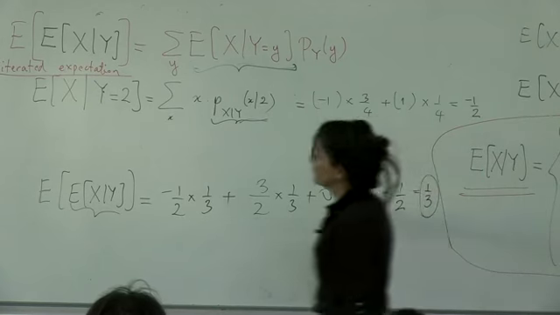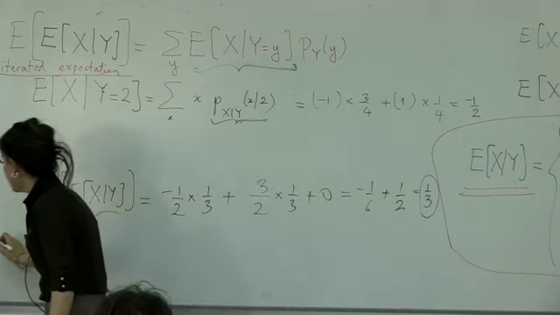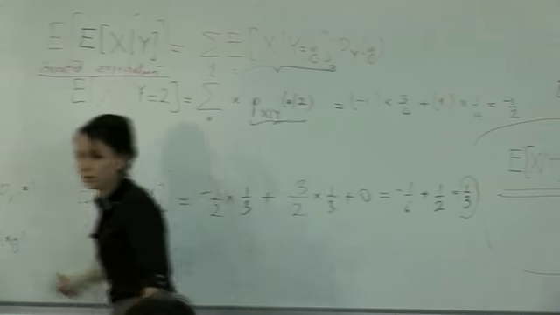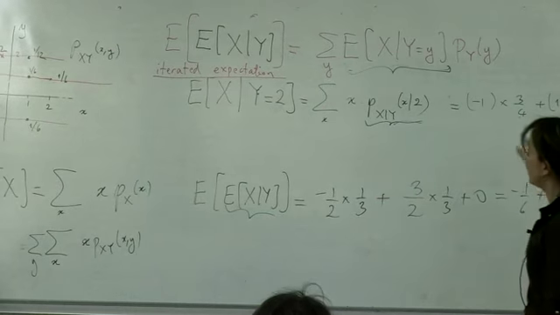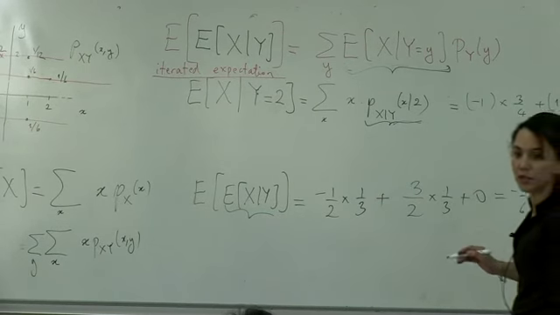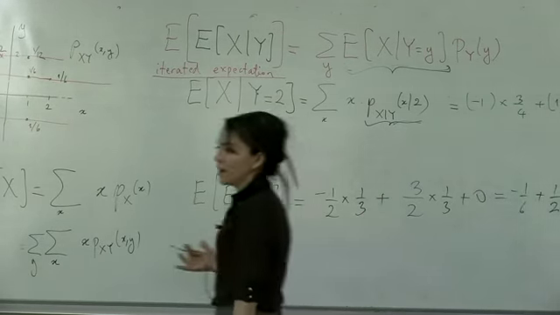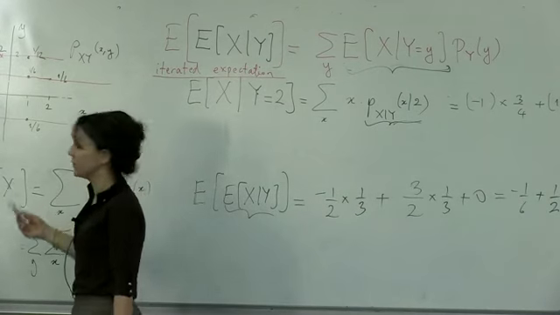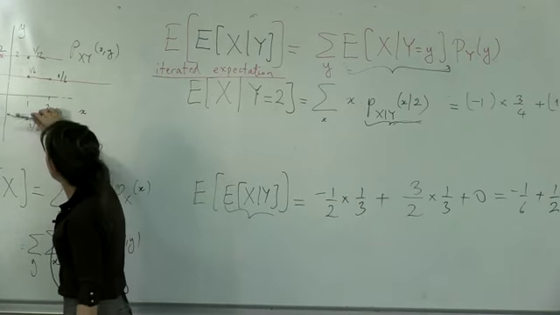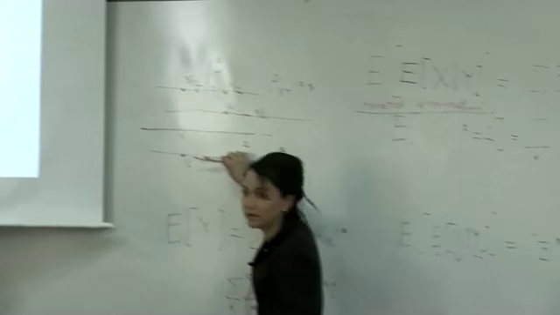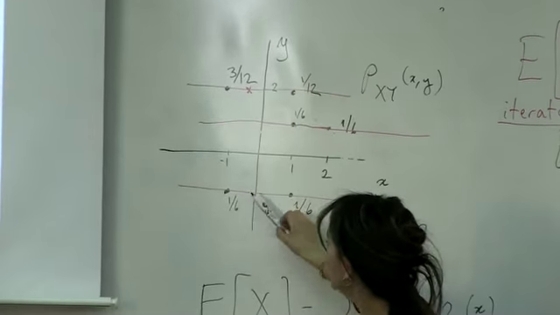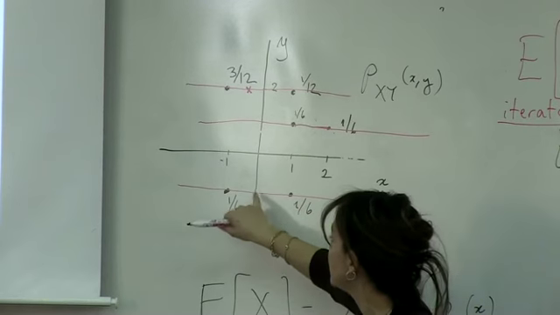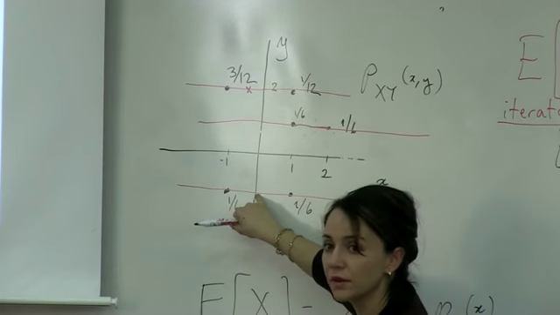We could have gotten the same result by doing this double summation, but rather than that, we did this iterated expectation method. What does this buy us? By looking at this line, the conditional expectation of X is very easy. We easily see that it's 0.